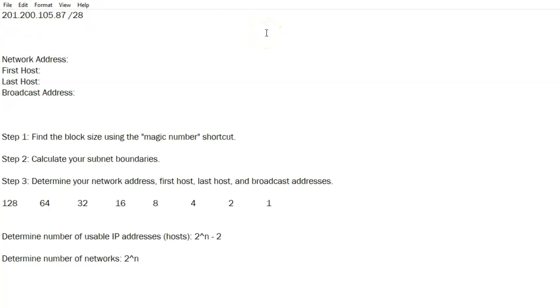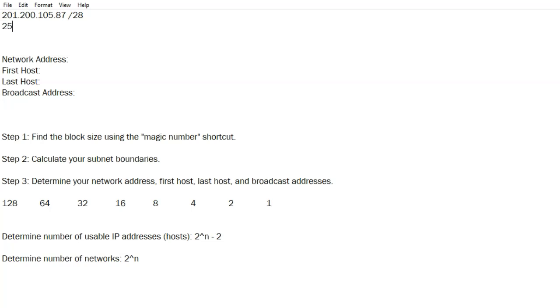The subnet mask, just like the IPv4 address, is a 32-bit value divided into 4 octets and represented as dotted decimal notation. So this is a /28 subnet mask, and I know that each of my octets are 8 bits, so 28 divided by 8 is 3 with 4 left over.